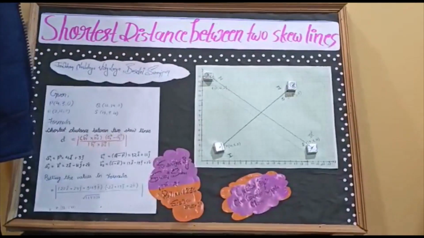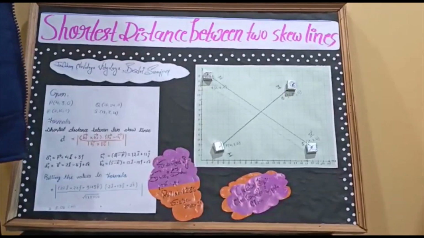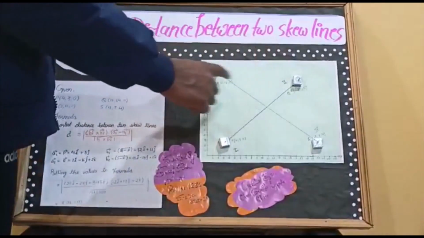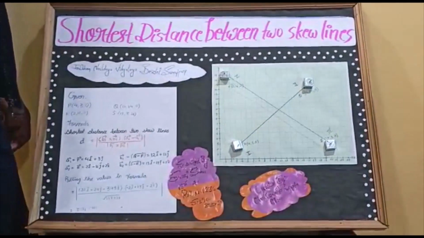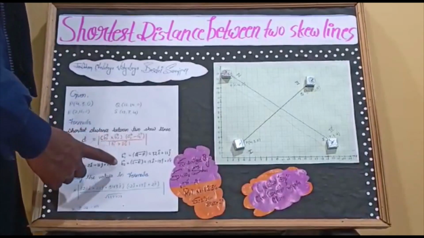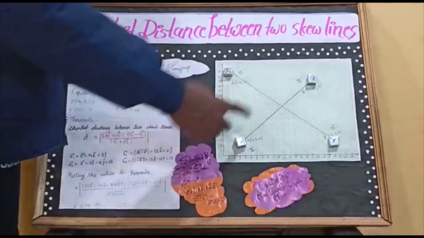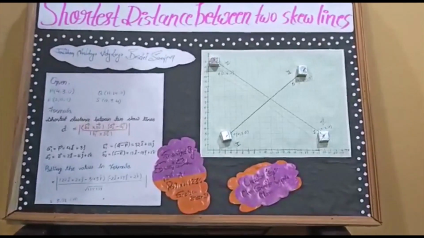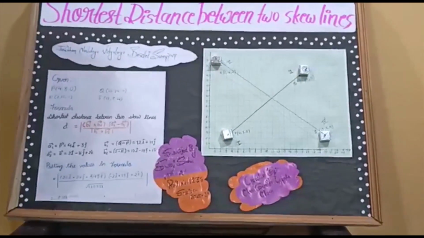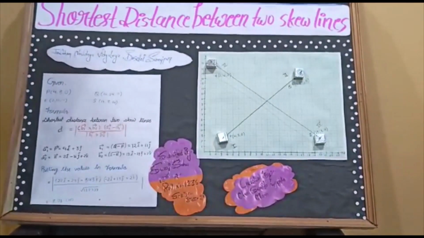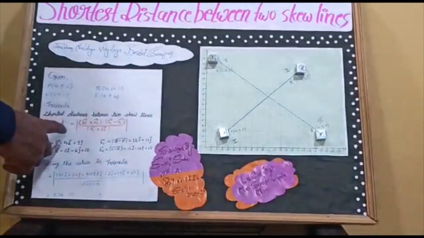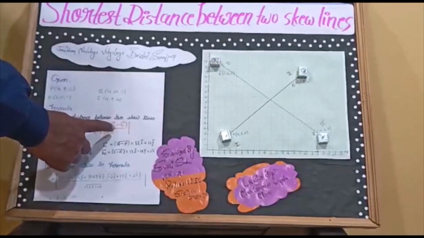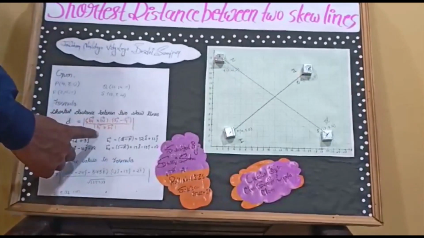We can say that vector A1 and vector A2 are position vectors of points along line PQ and RS. And vector B1 and vector B2 are vectors along PQ and RS, which can have any magnitude. Now we have to find out the shortest distance between two skew lines, and its formula is D equals modulus of B1 vector cross B2 vector dot A2 vector minus A1 vector upon modulus of B1 vector cross B2 vector.